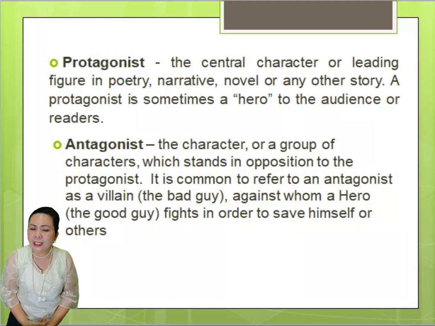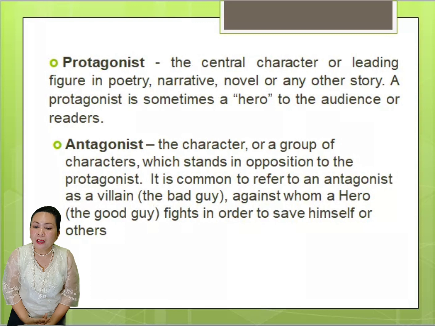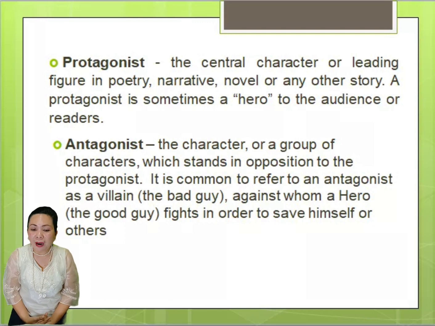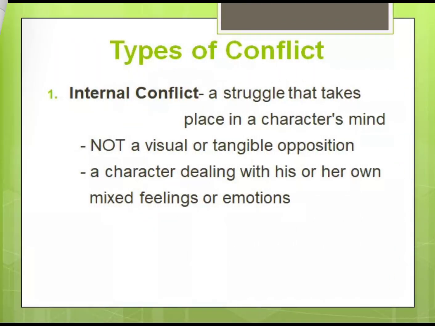A protagonist is sometimes a hero to the audience or readers, while the antagonist is the character or a group of characters who stands in opposition to the protagonist. It is common to refer to an antagonist as a villain or the bad guy against whom a hero or a good guy fights in order to save himself or others.